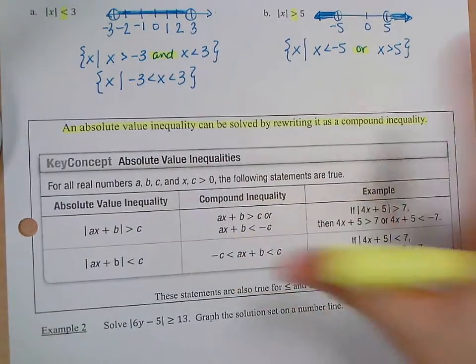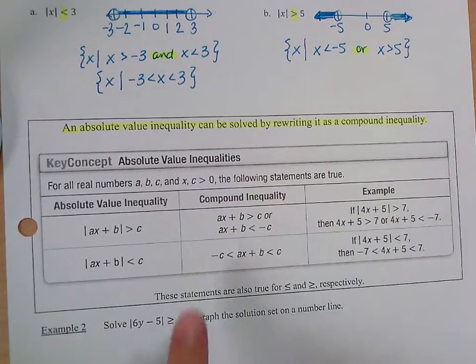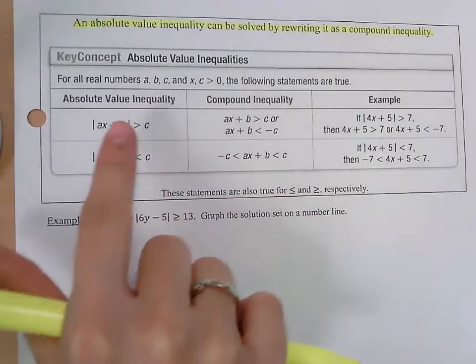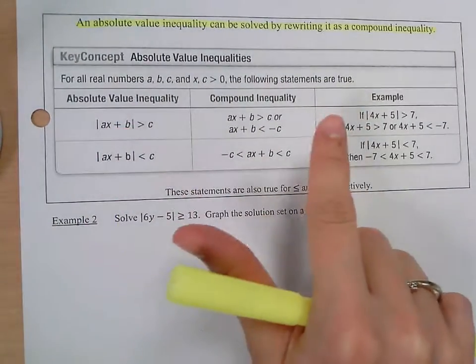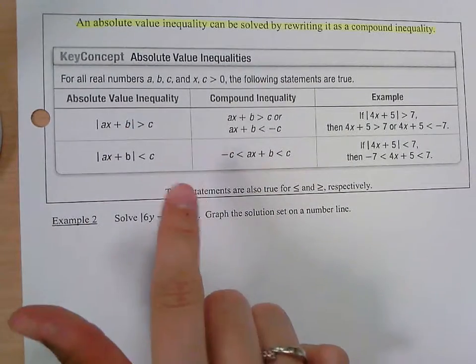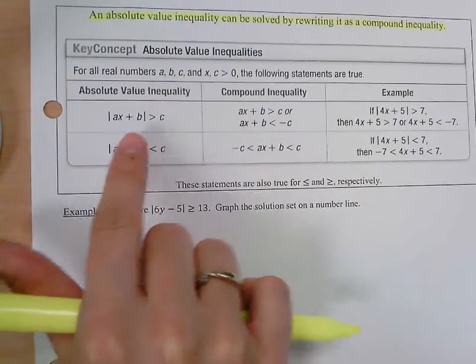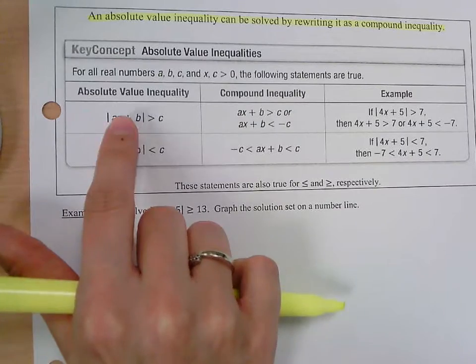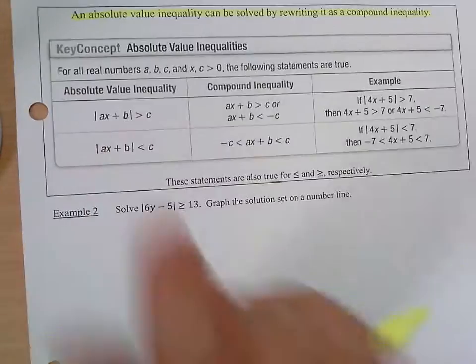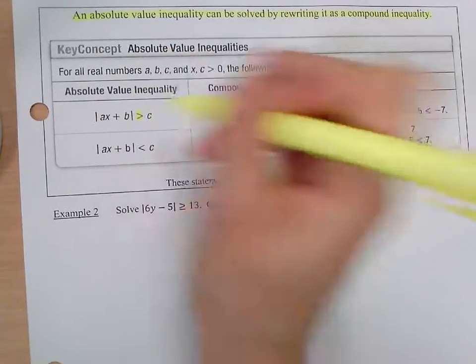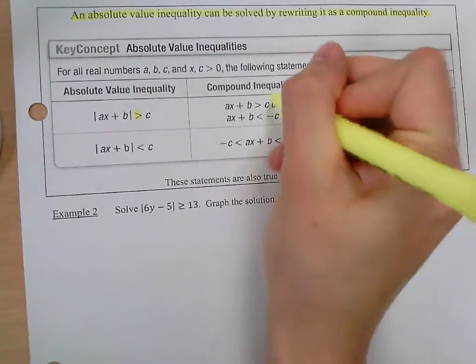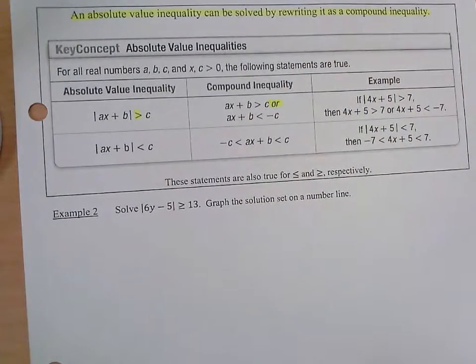Is it an and or is it an or? Down here, it's kind of laid out for you a little bit, and I'll go through examples of each. So again, if you have the absolute value of a quantity is greater than a number, then it's joined by or. And notice your two cases.